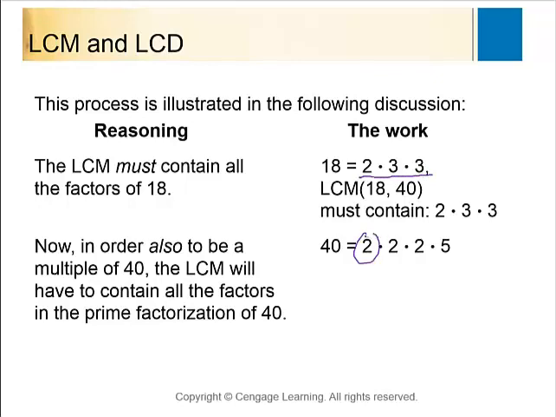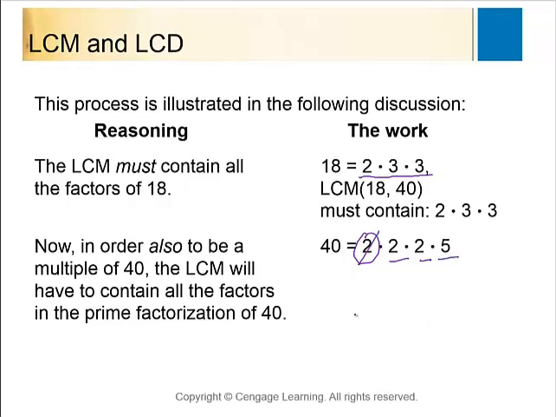I don't need this one because it's already listed there, but I need all of those. I'll need one of these and one of these in order to get that least common multiple. But since they have this one in common, I don't have to write that one down.